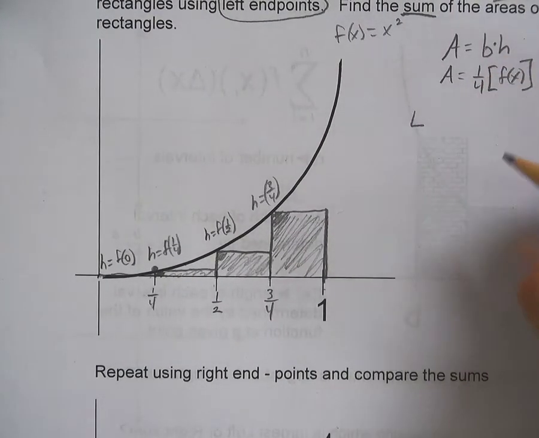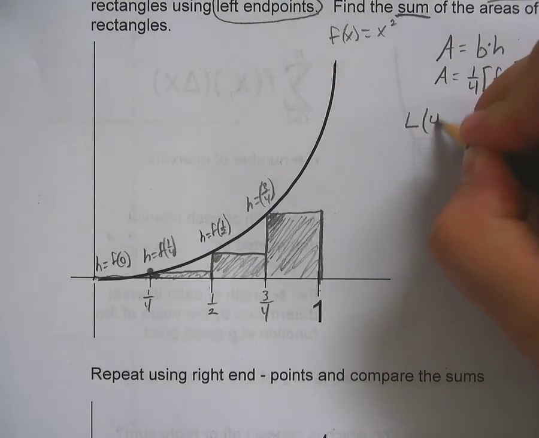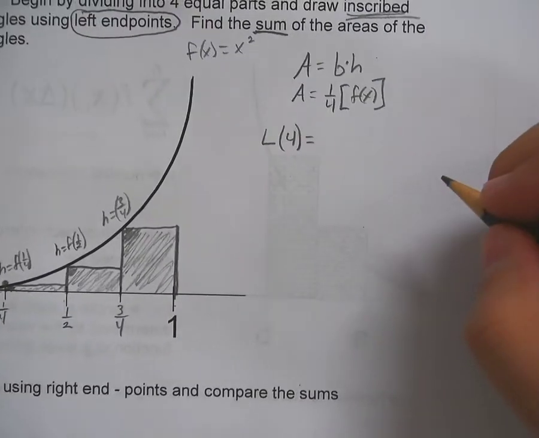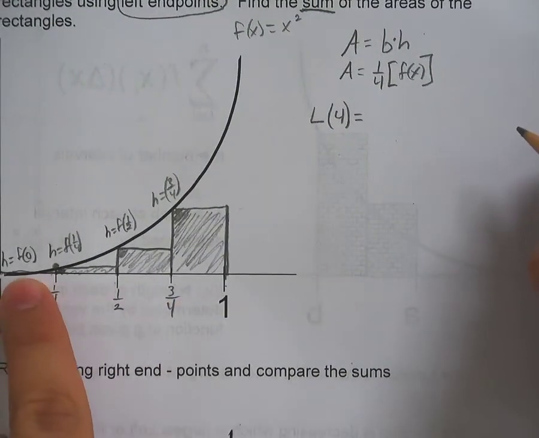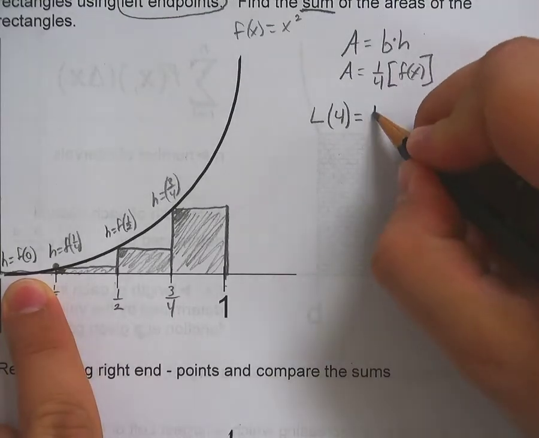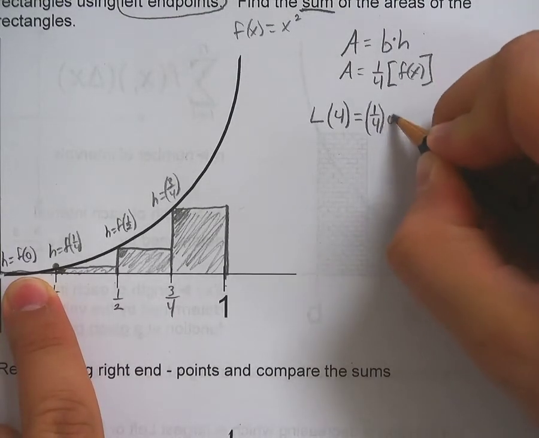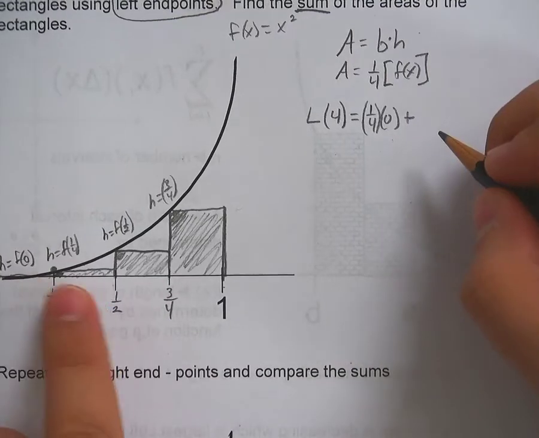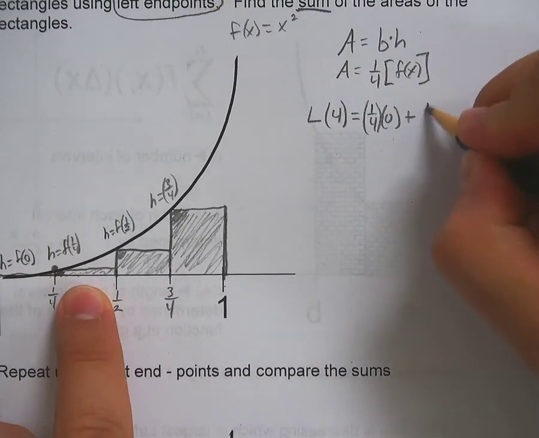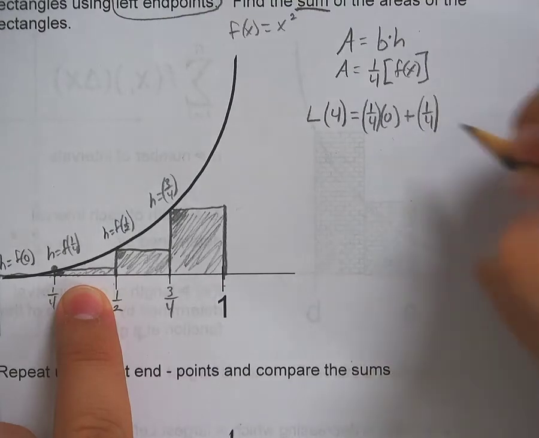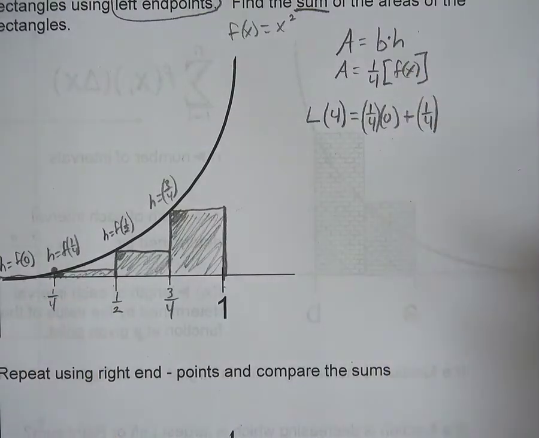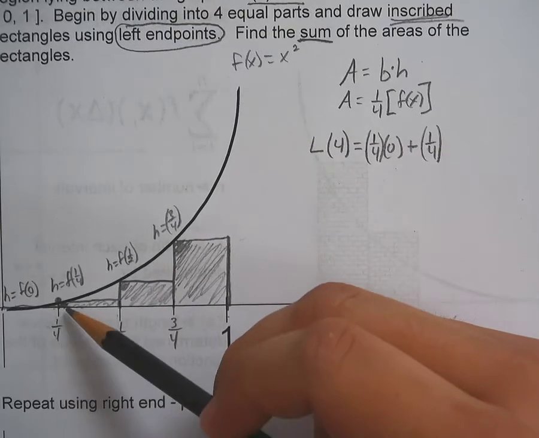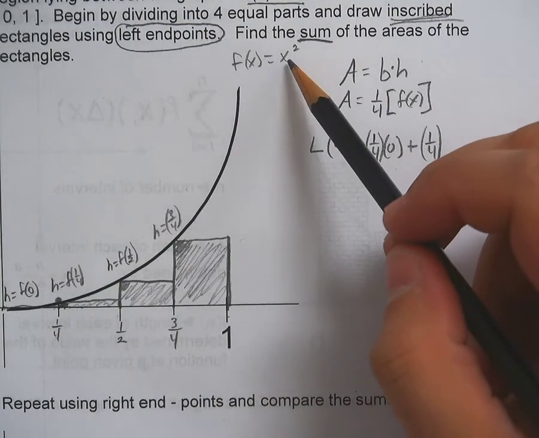We're going to do a left-hand sum, and there's going to be 4 parts to it. I'm going to have 1/4 times 0, that's this flat line right here, base times height. And then let's add this one: 1/4 times f of 1/4. If I plug 1/4 into this function, what would my height be?